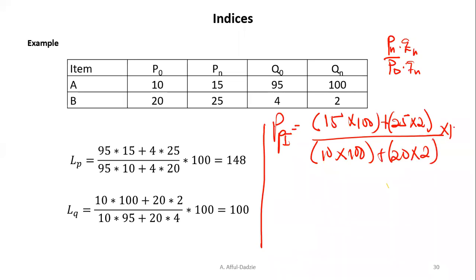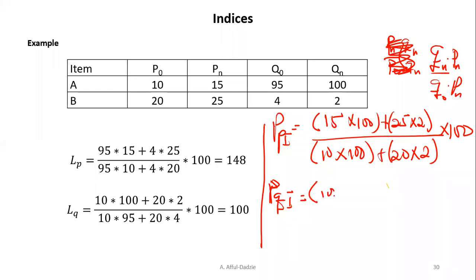the base price 20 times 2, all times 100. Okay, if you're finding the Paasche quantity index, then we know that for quantity index, it is QN over Q naught, generally. But now we require the current price as the weights. So this is the current quantity, this is the current price.